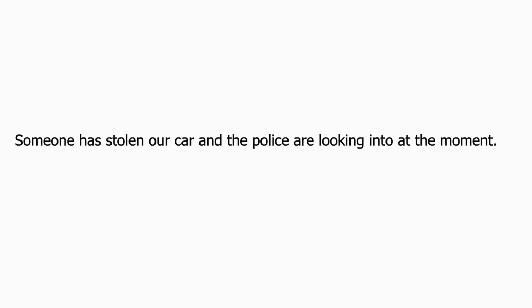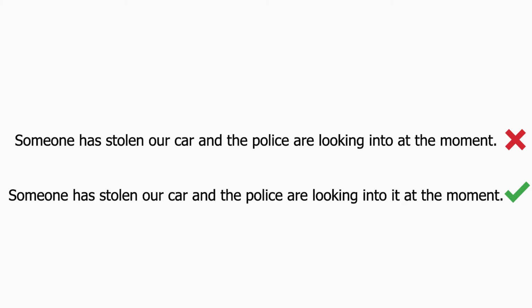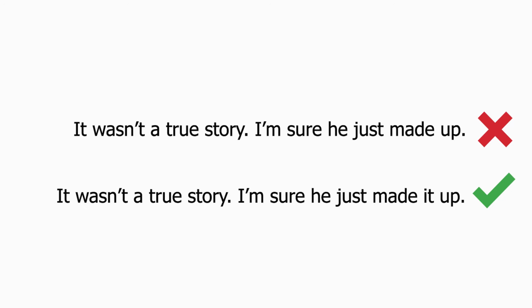Someone has stolen our car and the police are looking into at the moment. Yes, the it is also missing in this sentence. Someone has stolen our car and the police are looking into it at the moment. It wasn't a true story. I'm sure he just made up. Incorrect. It wasn't a true story. I'm sure he just made it up.